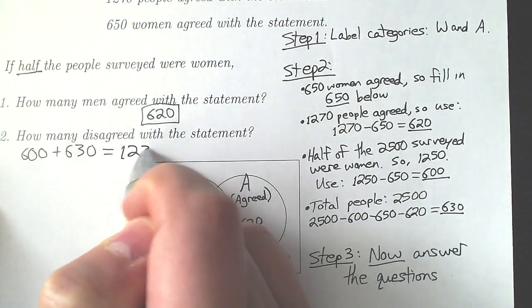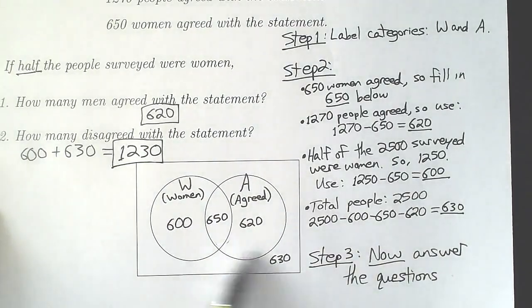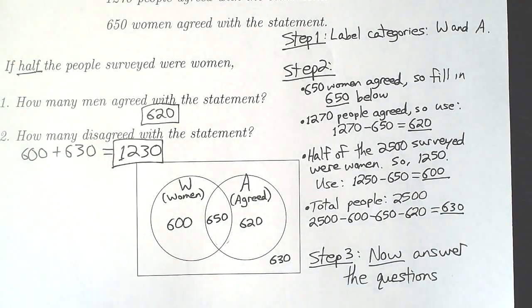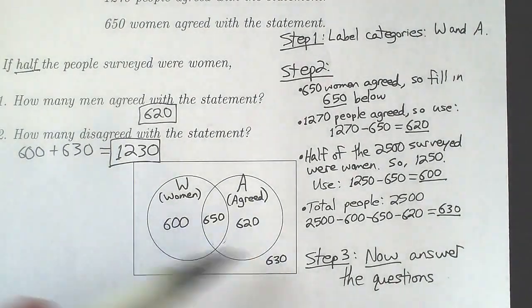We're looking for 1,230. That's the total number of people that are not in the circle of A. So you see, we answered the two questions really fast, but it was important that we had the correct numbers already figured out.